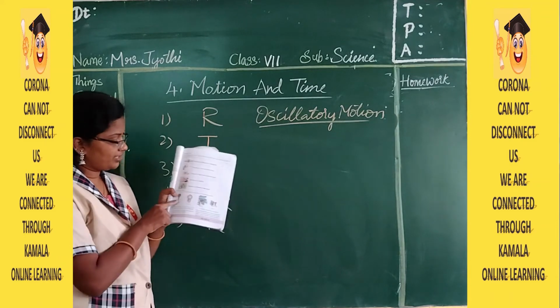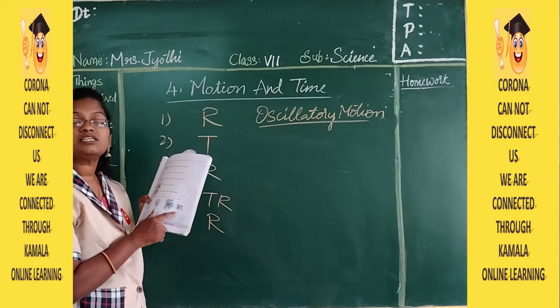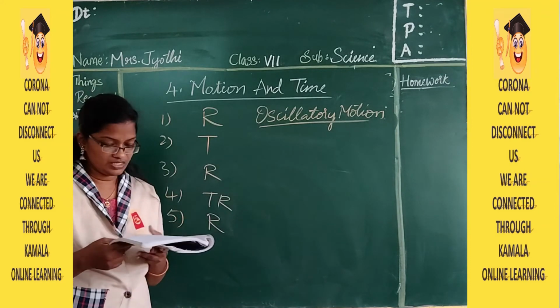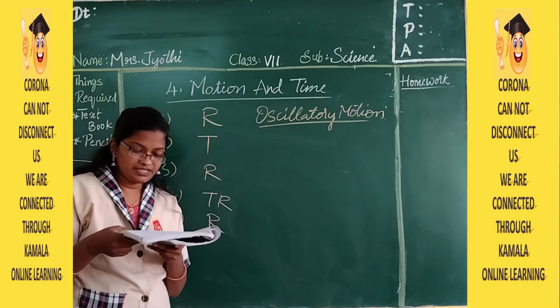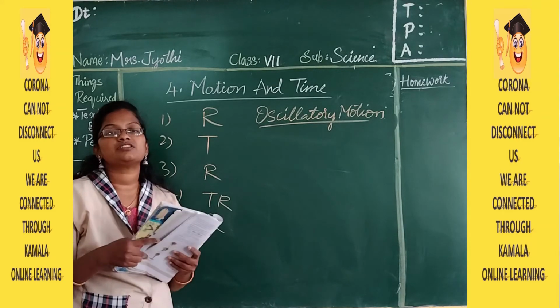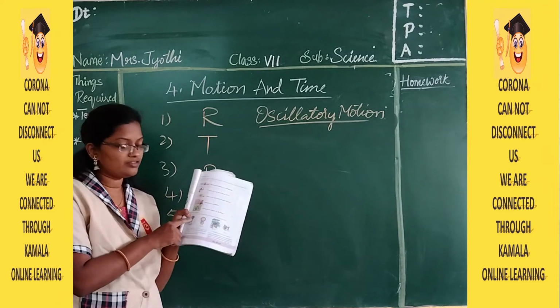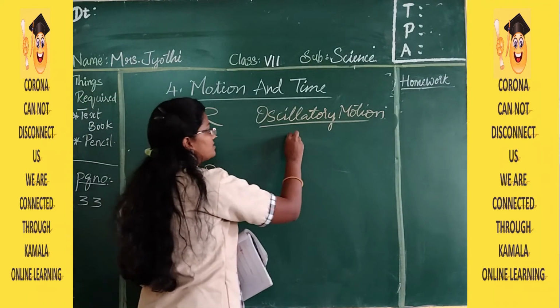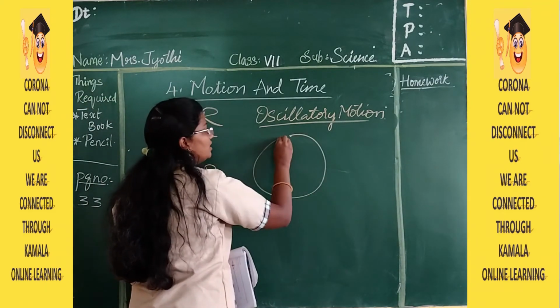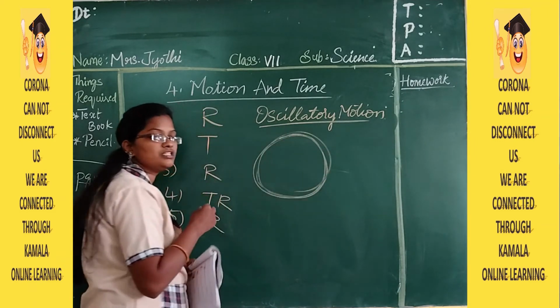Here you can see a fan, then a pendulum clock, then a swing and a sieving machine. What similarities do you find in the motion of the above given situations? All these situations move in a fixed path. If you take a fan, from one point it starts, makes a round, and again on the same path it's going to make a round continuously.